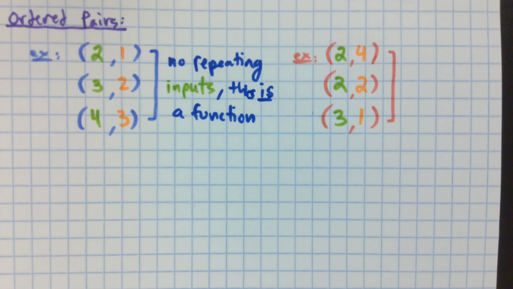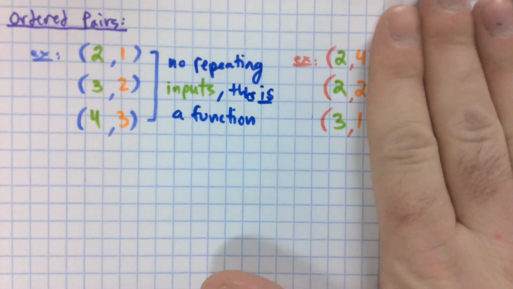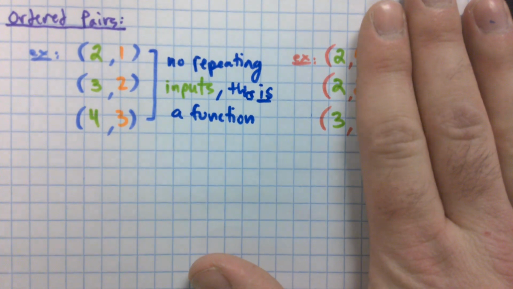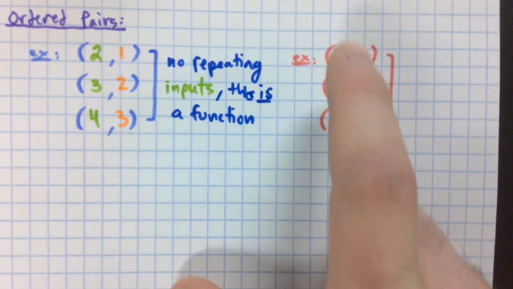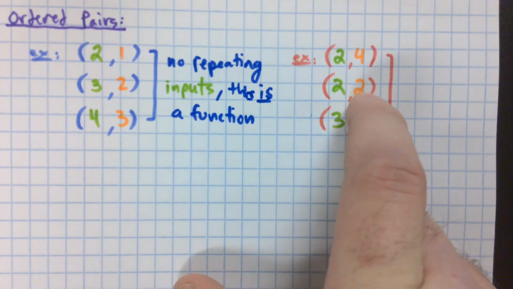If we take a look at another example, we've got the points 2, 4, 2, 2, and 3, 1. What do we notice about these inputs now? There's a repeating input. An input of 2 giving us an output of 4, and an input of 2 giving us an output of 2.